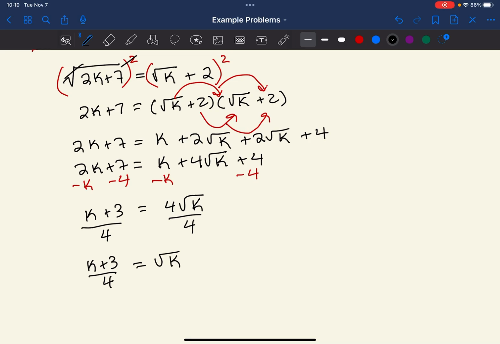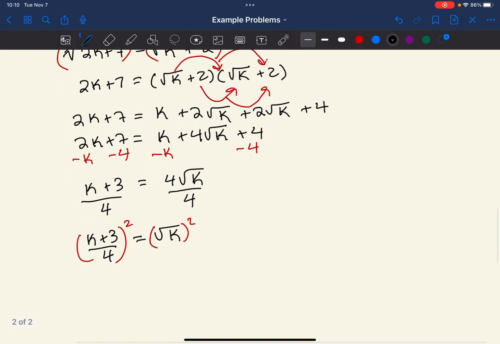Now that I have that radical isolated, I am going to square both sides just like I did in the beginning. When I do that, the square root of k and the square cancels. And that square is going to go to the numerator and the denominator separately.